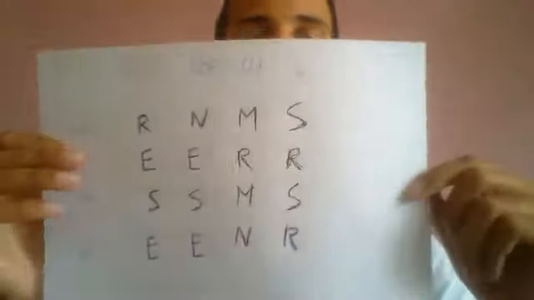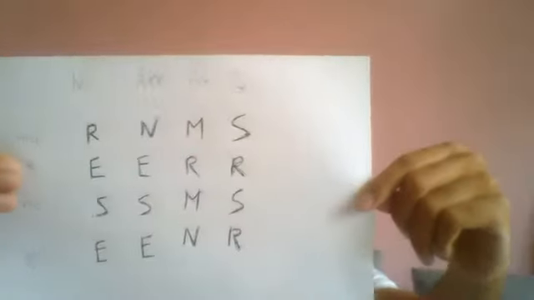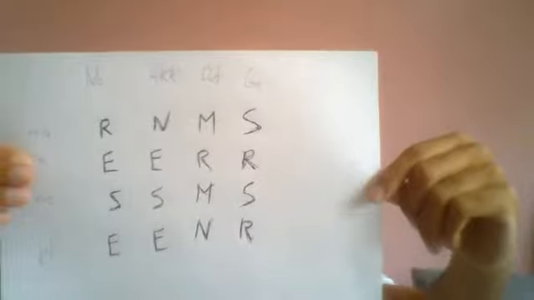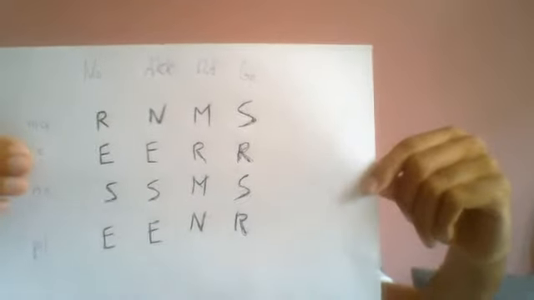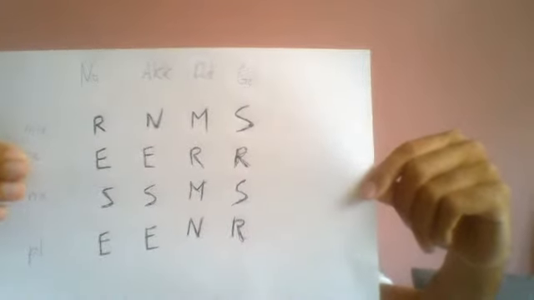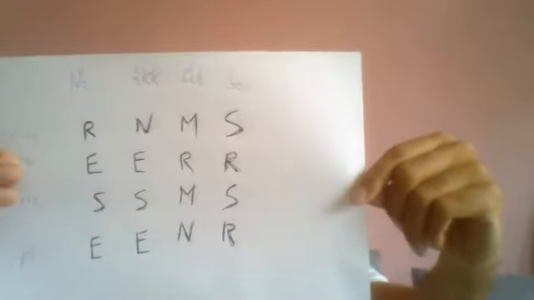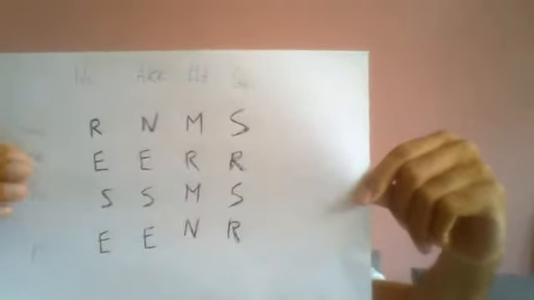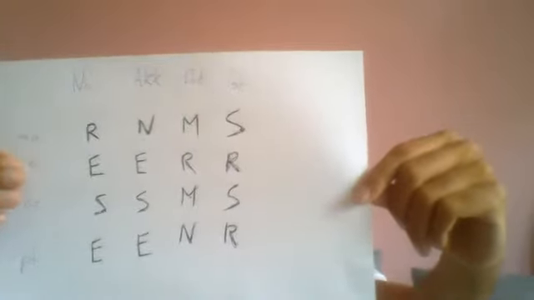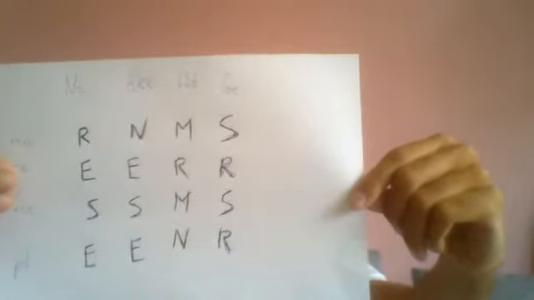So you have here: Trese, Nese, Mister, Mann, Sister, Sister. Trese, Nese is easy to understand, the first two columns. Mister, Mann is the third column, and Sister, Sister is the fourth.